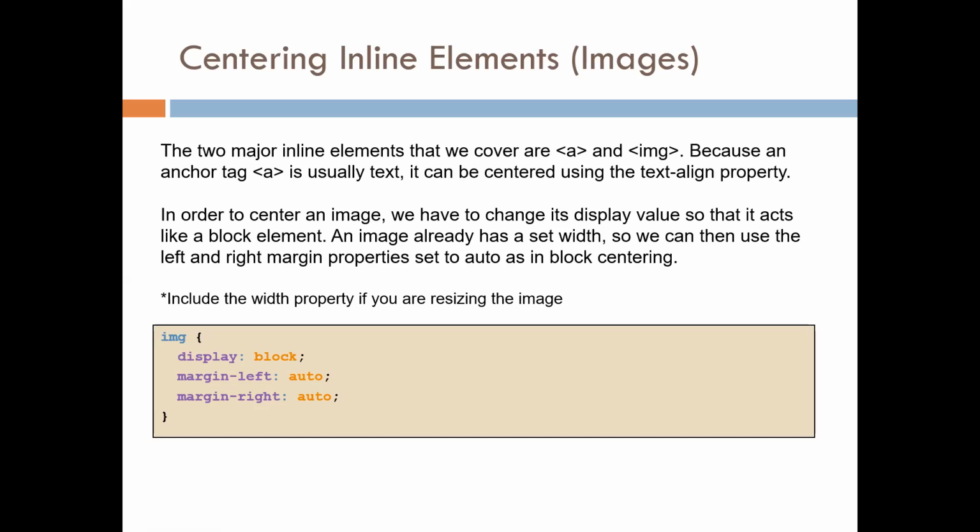So block centering, we need a width, margin left auto, margin right auto. For an image, we need display block. Display is the property, block is the value, margin left auto, margin right auto. We can use the width on this also if we need to change the actual width of the image. But remember, the browser already knows what width the image is, so we don't have to specify it.